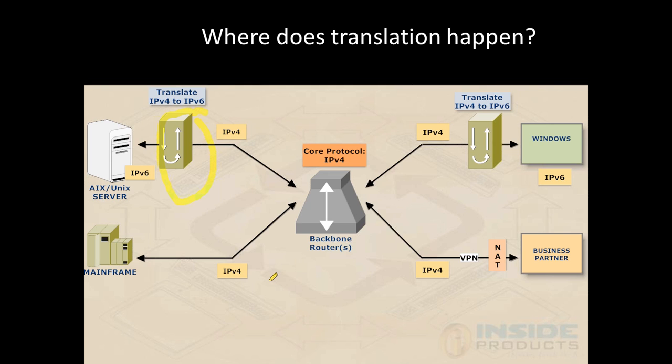If you have something like middleware, MQ Series, WebSphere, Apache, some kind of middleware, then that middleware may be capable of doing that conversion itself, and it may be shielding the application from any knowledge of the IP address. In that case, your job is much simpler.